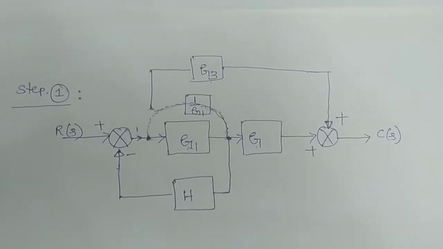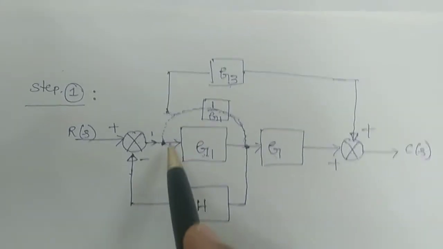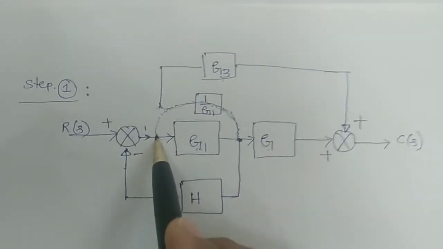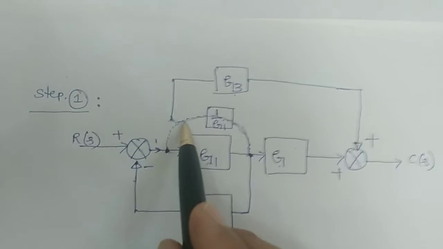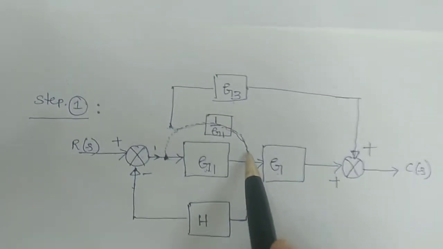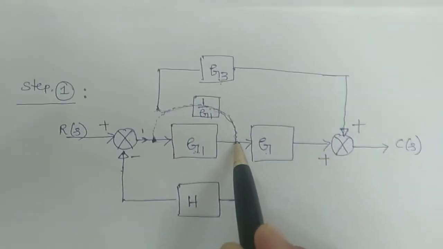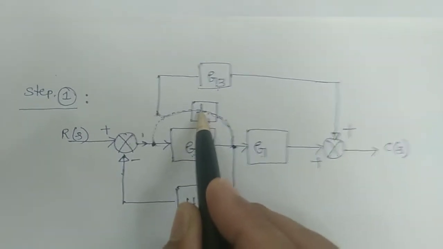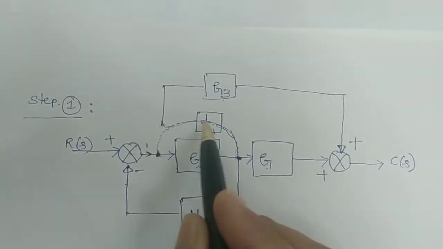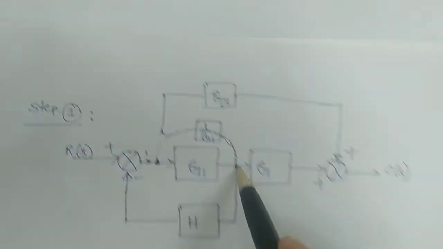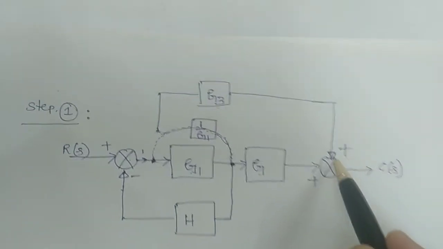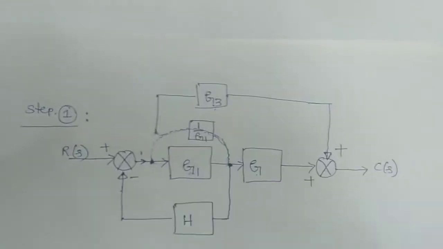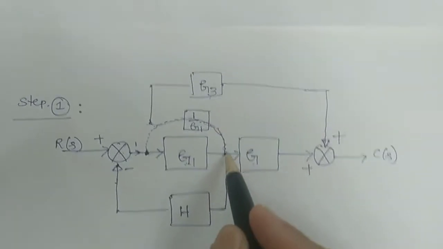Now the connection is not here, now you have the connection here. Then you see, the path starts from here. 1 by G1 is the gain newly added in this path. It is not a closed loop, but you can assume it as a loop.